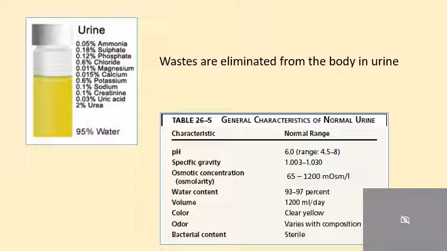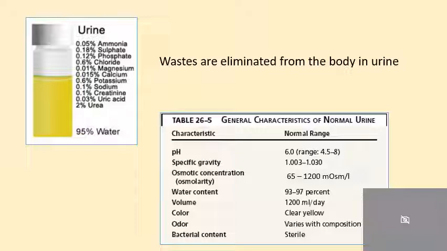The osmolarity of your urine is also quite flexible. If we consider that blood plasma has an osmolarity of 300 milliosmoles per liter, and that's pretty vigorously defended, the osmolarity of your urine can range from 65, that's quite a dilute urine, to 1200 milliosmoles per liter. So your most concentrated urine, your darkest urine, can have 4 times the osmolarity of your blood plasma.